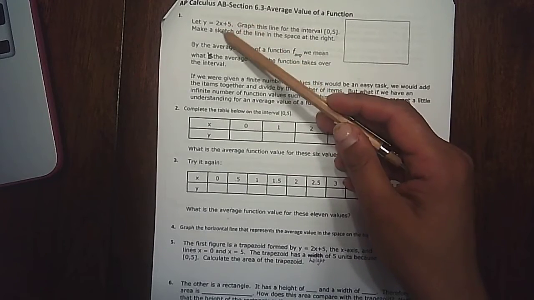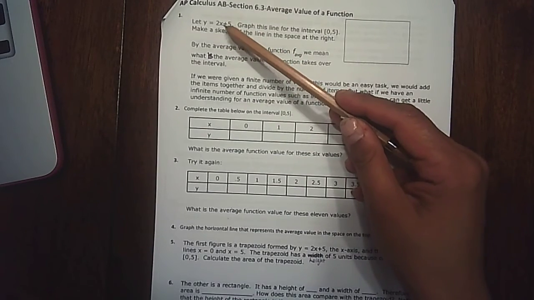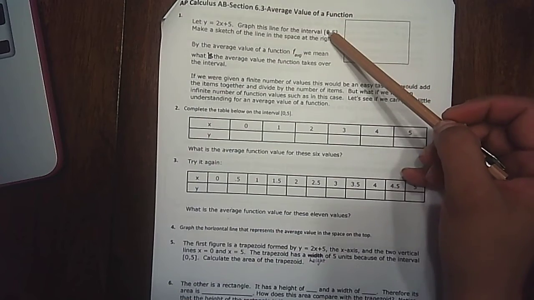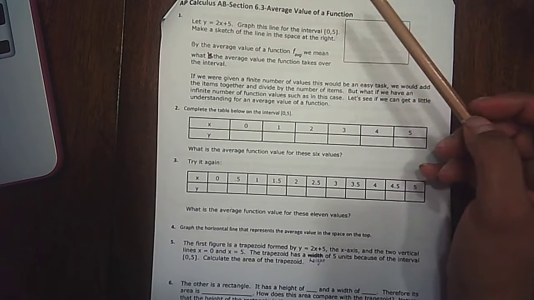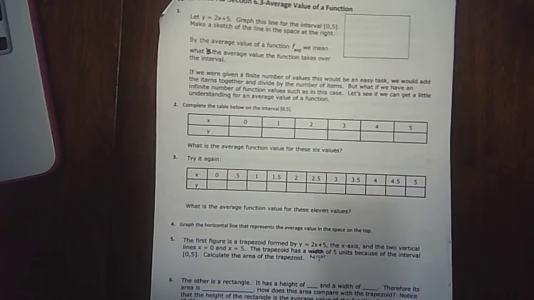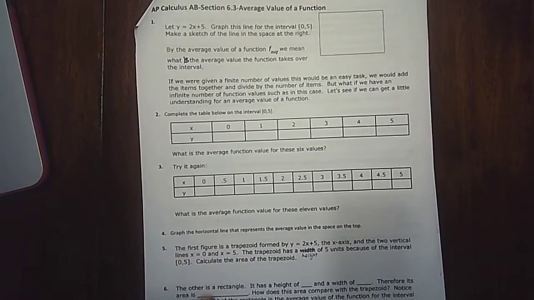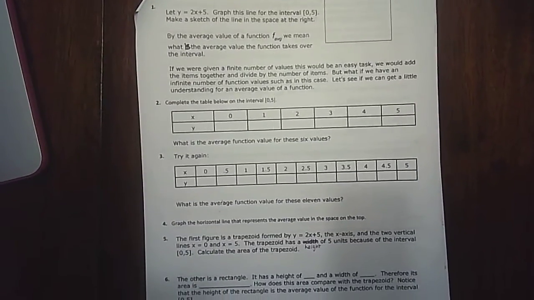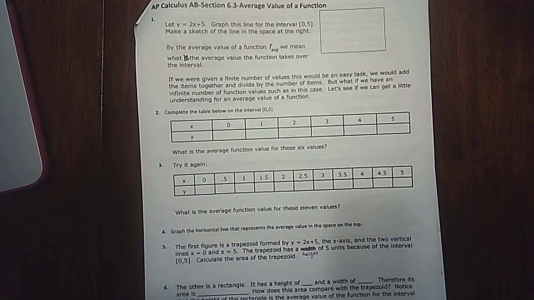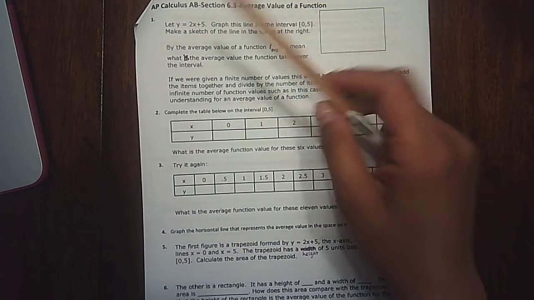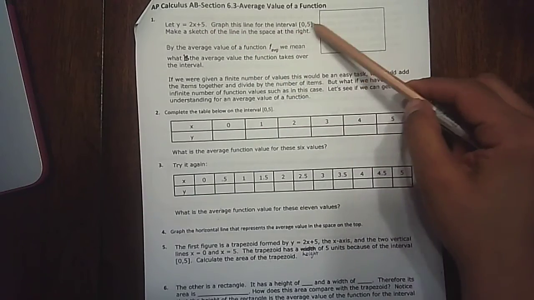There's a region that's created below this function from x equals 0 to x equals 5, and that was a trapezoid. So the area of the trapezoid is the same as the area of the rectangle. If you need to find the average value of a function, you need to find the height of a rectangle. The area of this rectangle is the same as the area bounded by this function from 0 to 5.